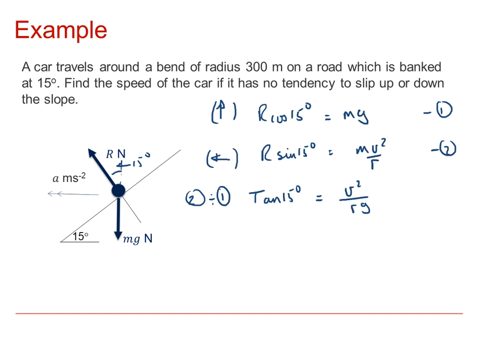So therefore tan 15 is v squared over rg. We know that r is equal to 300 meters in the question, and therefore v squared is equal to 300 multiplied by g tan 15, and that gives us a value of v equal to 28.1 meters per second.